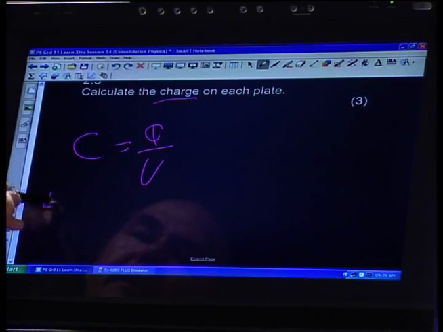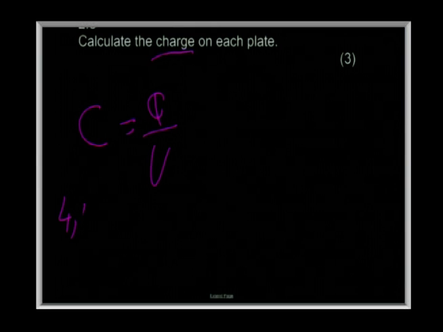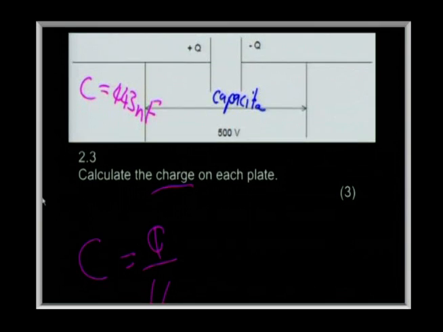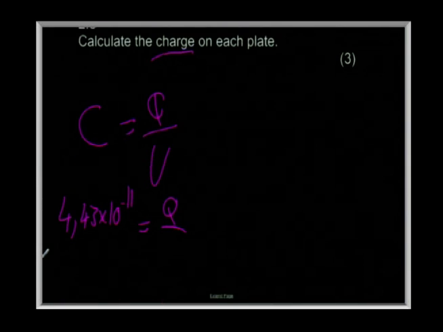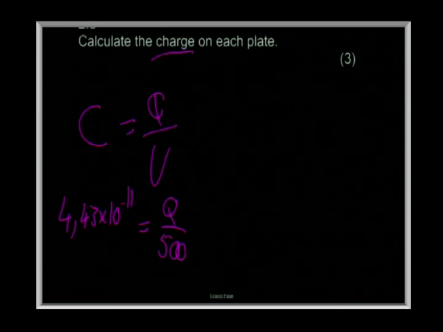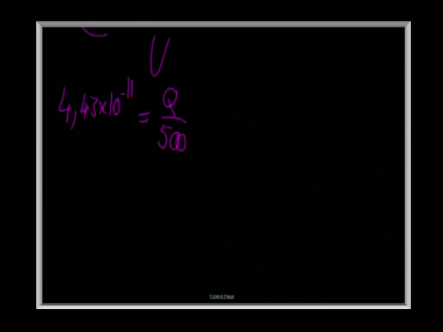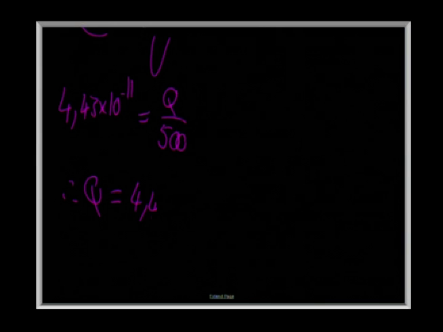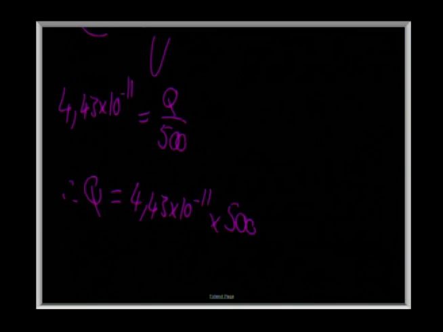What we're needing to do, write down the formula and then substitute. So I'm going to write in SI units 4,43 times 10 to the minus 11 from the previous answer is equal to Q divided by potential difference, 500 volts. So we're going to put 500 there, and all that means is that therefore Q is equal to 4,43 times 10 to the minus 11 times 500. What does the calculator give us as an answer for that?